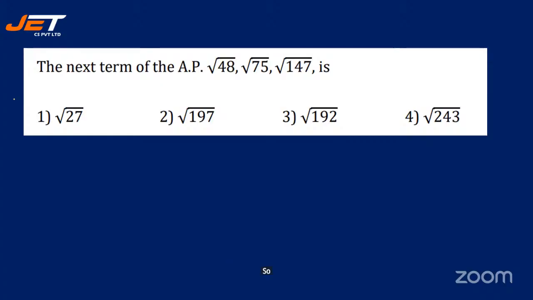So what is the next term of the AP root 48, root 75, root 147? It's very simple. Just consider it as normal, right?